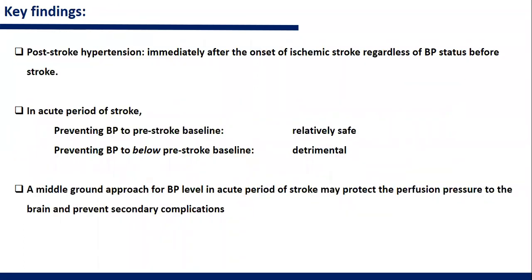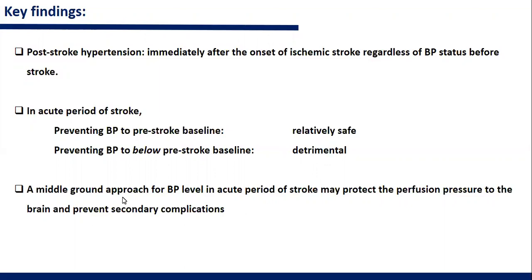So the overall conclusion is that blood pressure increases immediately after stroke, regardless of the previous baseline, either in hypertensive animals or animals treated with chronic hypertensive medication. In the acute period of stroke, preventing the blood pressure from rising above the pre-stroke baseline level is found to be relatively safe, while lowering blood pressure below the pre-stroke baseline level or towards the normotensive level produces detrimental outcomes.